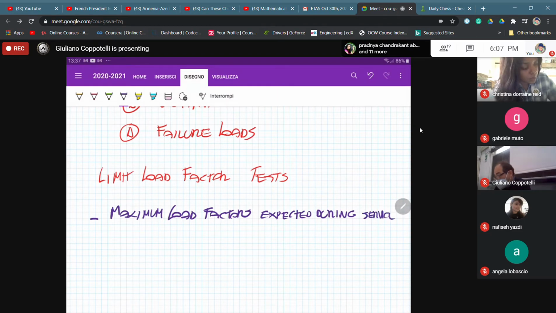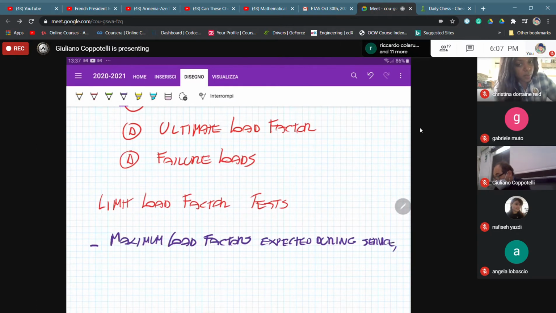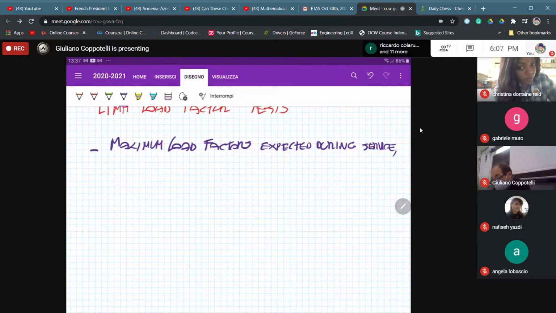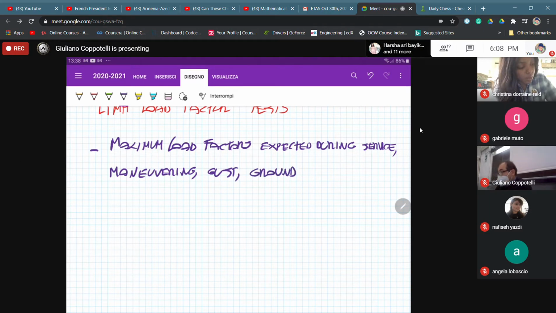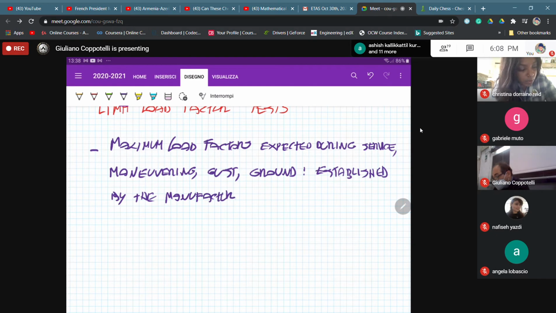Okay. Maneuvering, gust, ground, and then these should be compliant with what is established by the manufacturers for the type certification that we need to have.